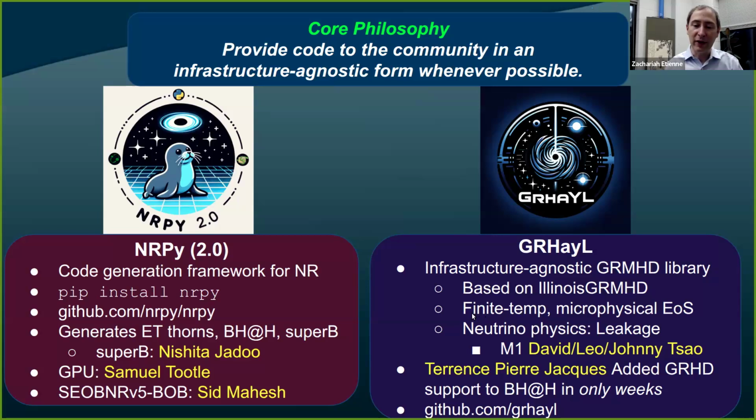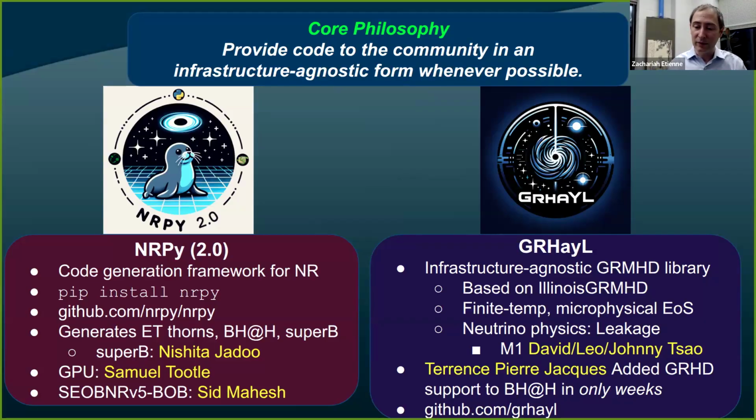It includes the latest features of finite temperature, microphysical equations of state, neutrino leakage. We're working on M1 right now. Stay tuned for that. Like I said, Terrence added general relativistic hydrodynamics support to Black Holes at Home in only about a month, converting it from basically a vacuum Einstein equation code to a full GRMHD code for dynamical spacetimes.